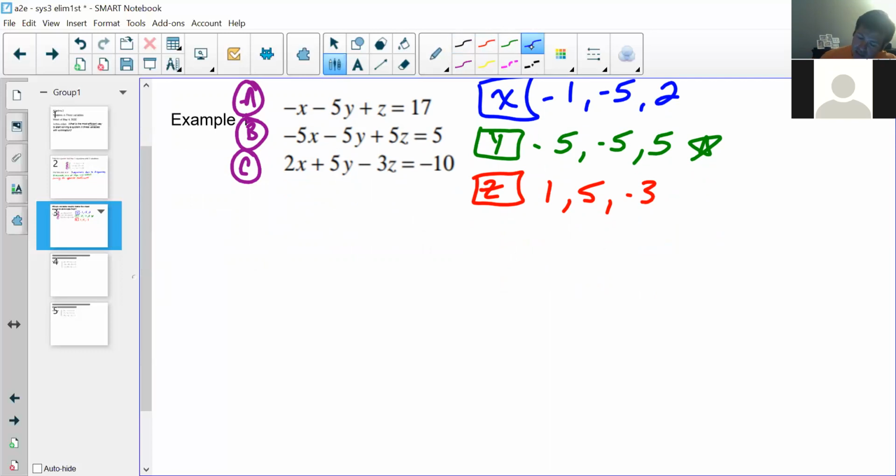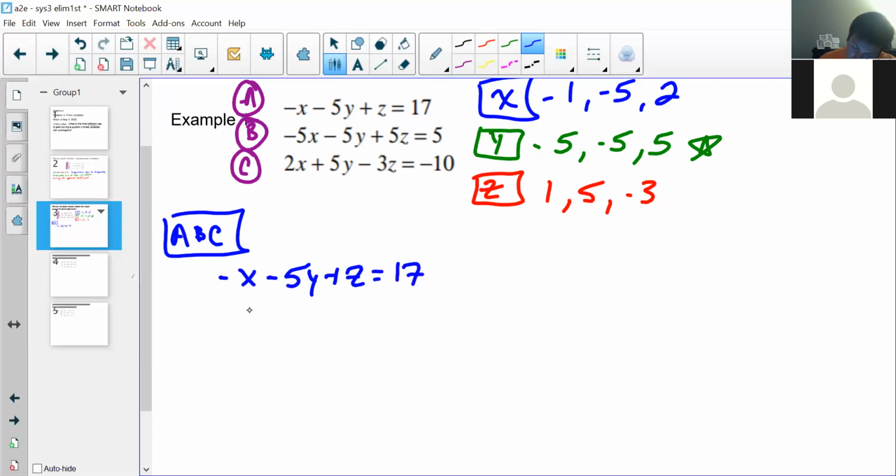Let's say I'm going to combine A and C. When I have that written down, I have -x minus 5y plus z is equal to 17. And I have 2x plus 5y minus 3z is equal to -10.